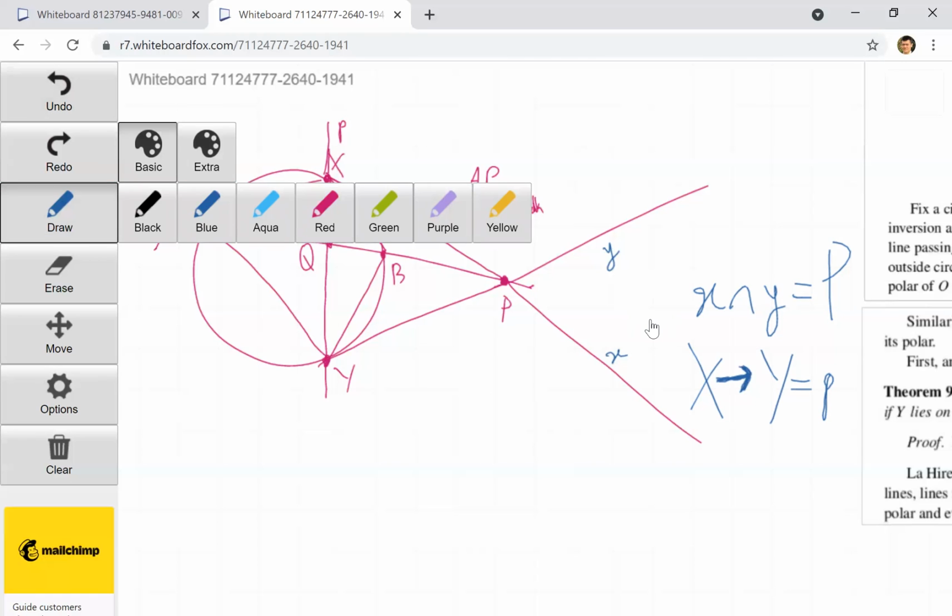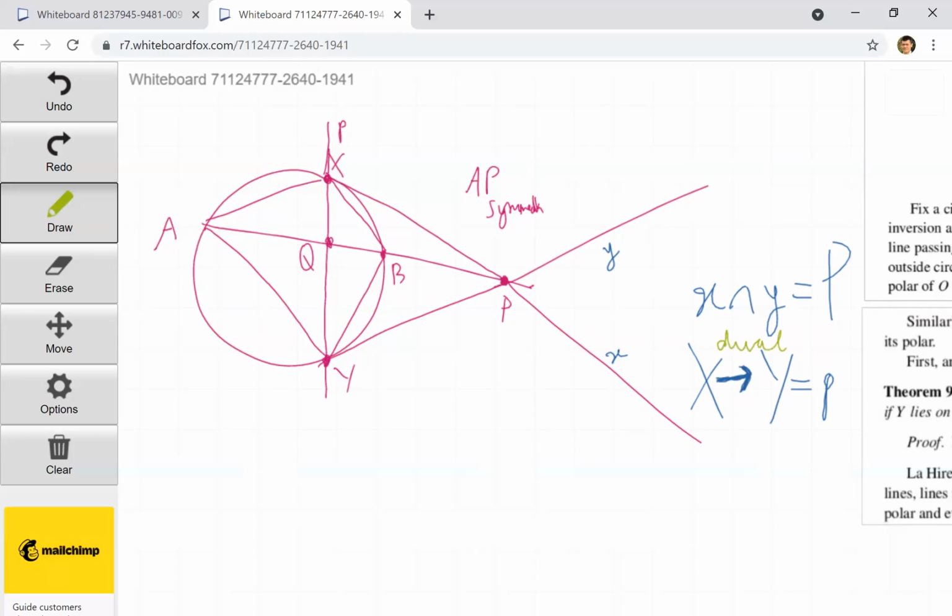Maybe I should write this in green. See? So the fact that little x and little y go through P should mean that big X and big Y join through little p, yeah? Okay, wow.